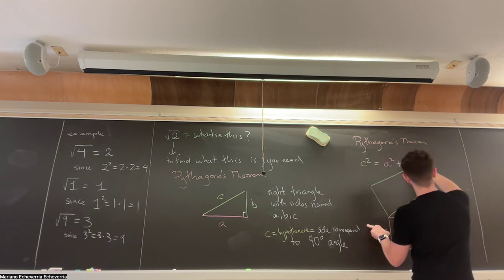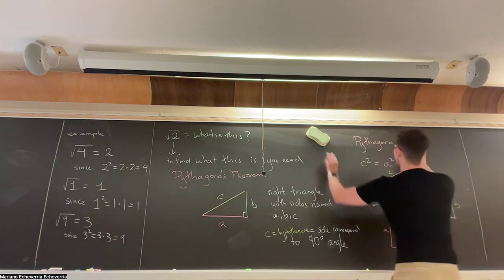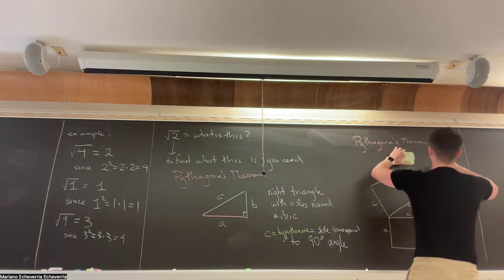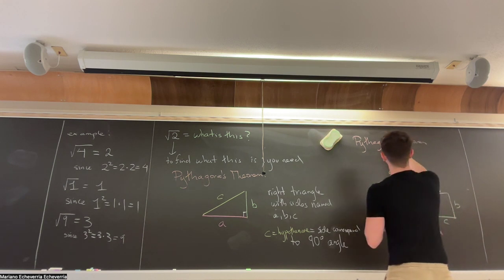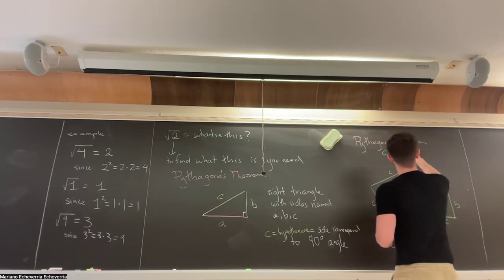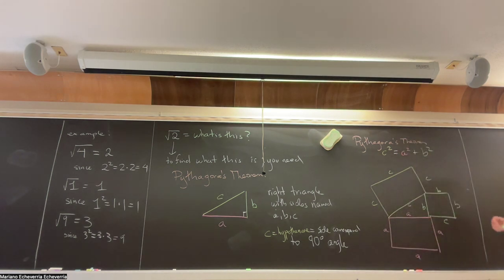So it looks like this. Let me write this a little bit above the picture. Sorry about that. So the idea is that once you have a right triangle, you can make three squares like this.